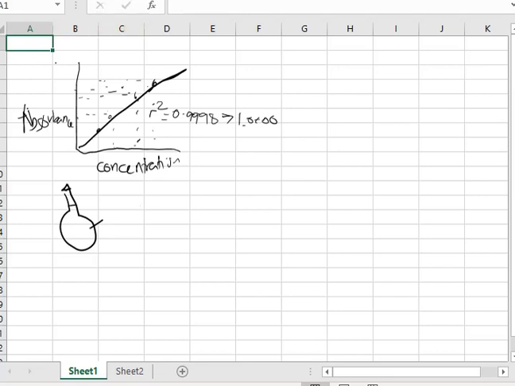So let's just assume you already have the sample, and then you read this in UV-Vis. Now UV-Vis will give you an absorbance value, not a concentration value. So for example, the absorbance value for this one is 0.380.